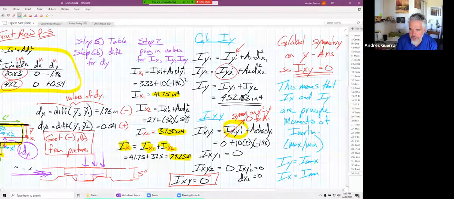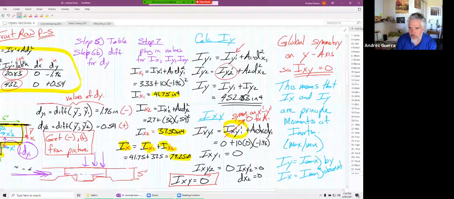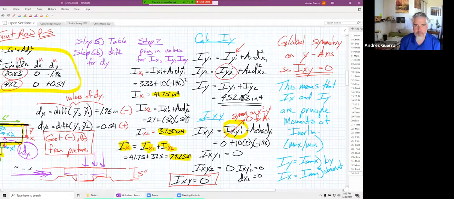Just by observation is all we're doing here to figure that out. So anytime we have symmetry about those axes, it's going to be 0. Any questions about that example?